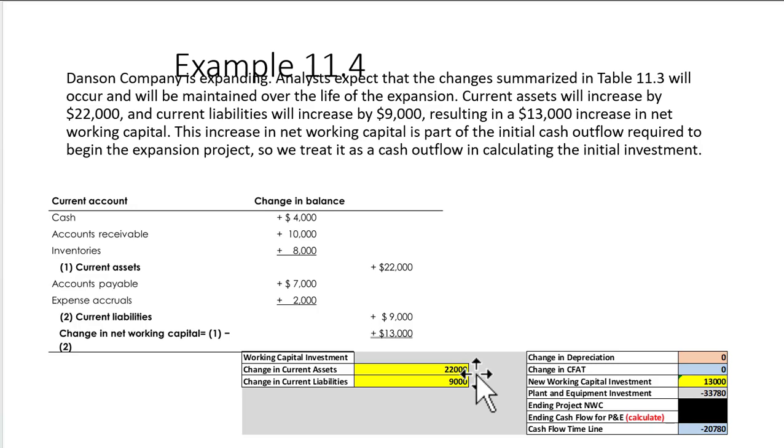You can just put the total there, a change in current assets, and then you put the total change in current liabilities. And later we'll see that that'll fall into our table here to show that our change in working capital was $13,000. So that's the first video in calculating the cash flows of a project.